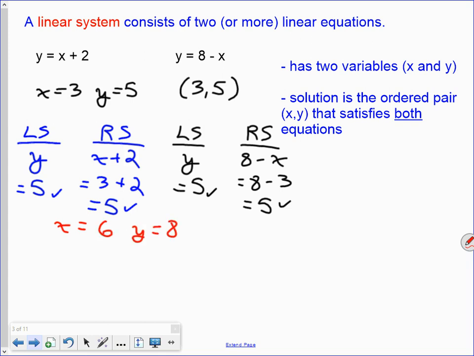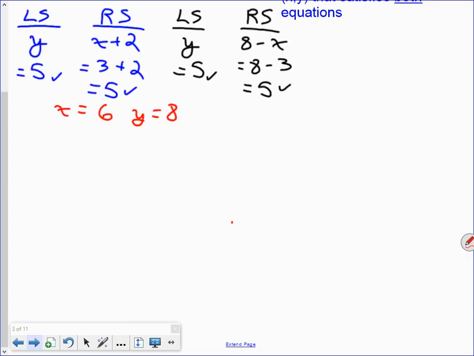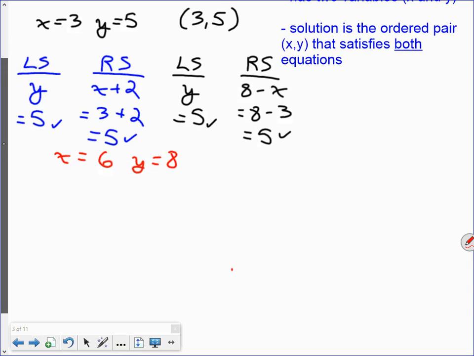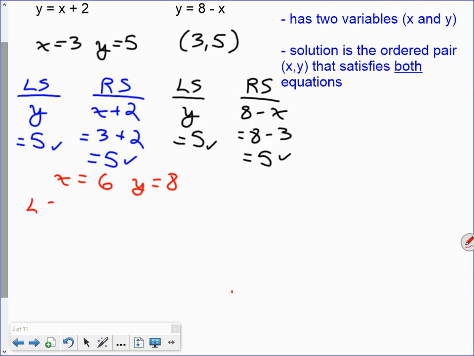When I do a left side, right side check for this first equation, my left side is going to be my y value, which is 8. My right side is going to be x plus 2, 6 plus 2, which is 8. So 6, 8 satisfies my first equation.